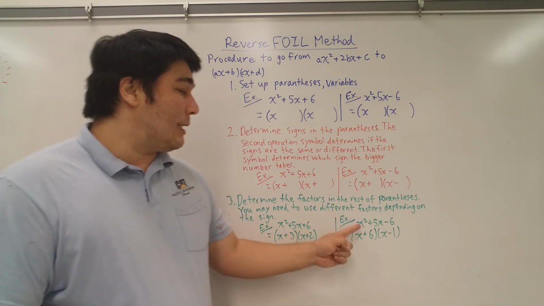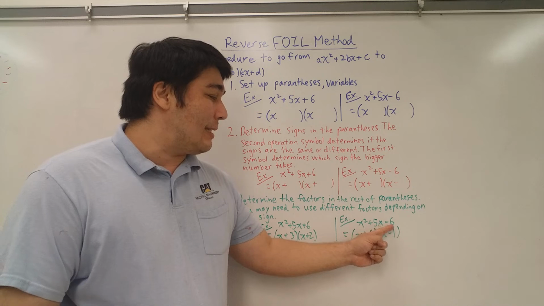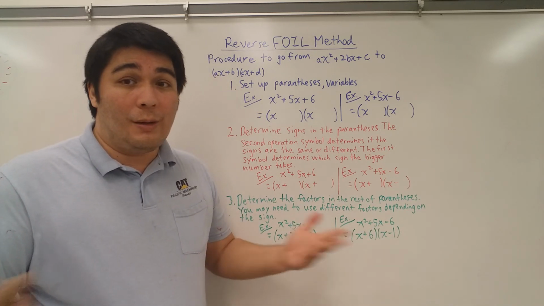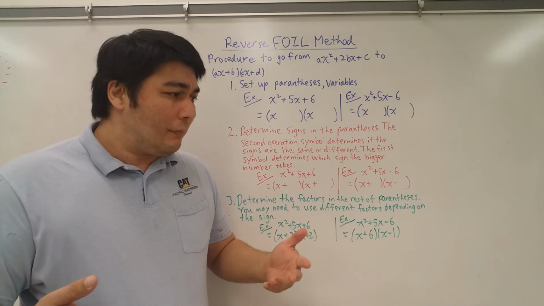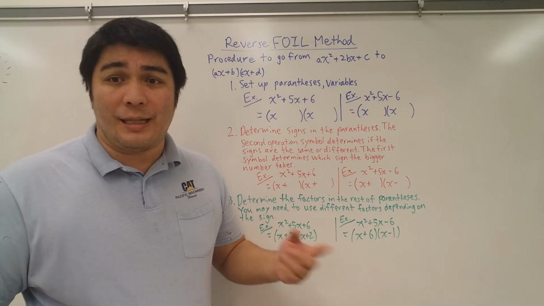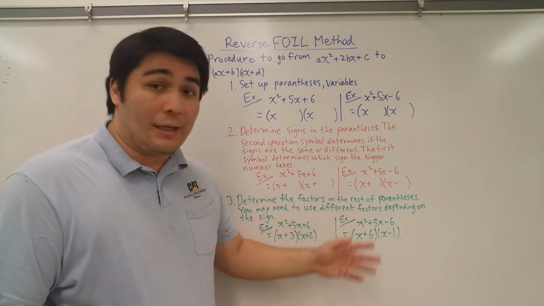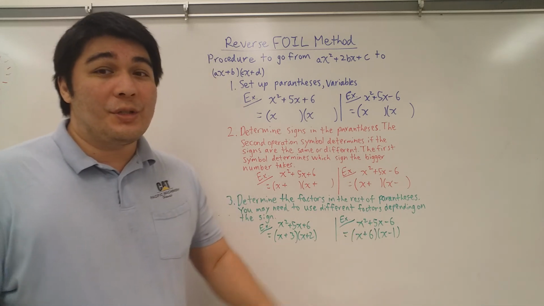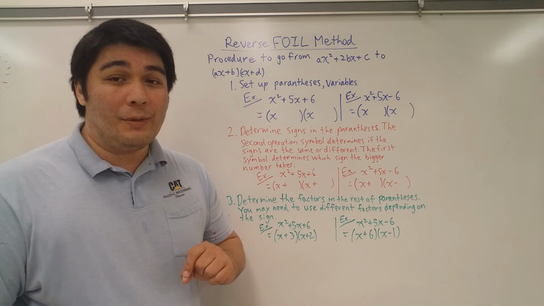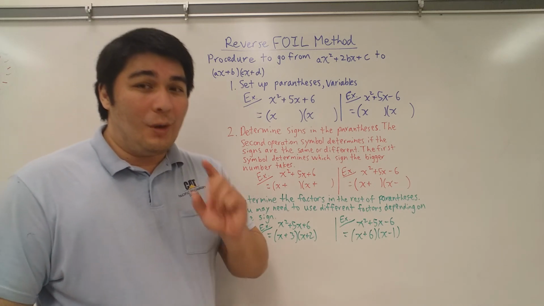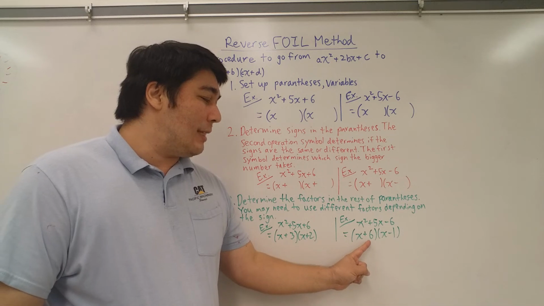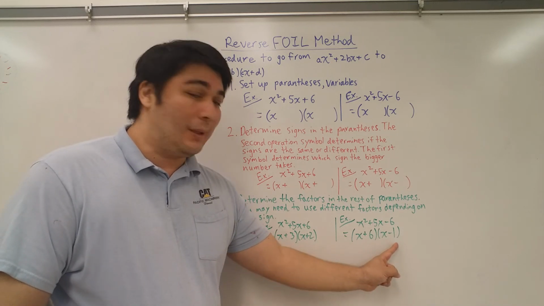So in this example, x squared plus 5x minus 6, we can't use 3 and 2 anymore because 3 minus 2 is positive 1 and 2 minus 3 is negative 1, so that doesn't help. There's no way we can get positive 5 from that. However, if we used 6 and 1, that would work. One more caveat is where does the 6 go? Does it go with the plus or with the minus?